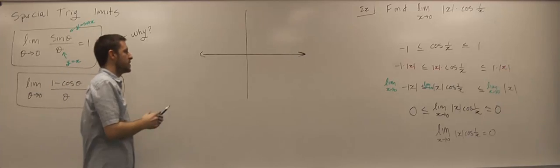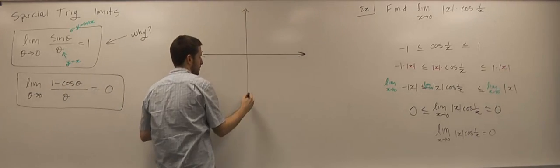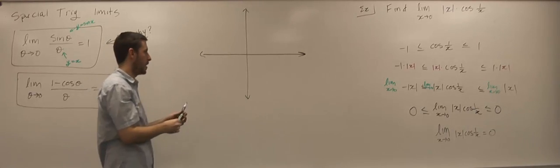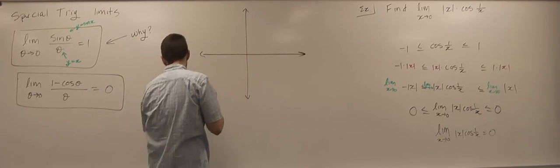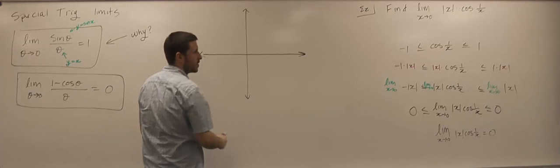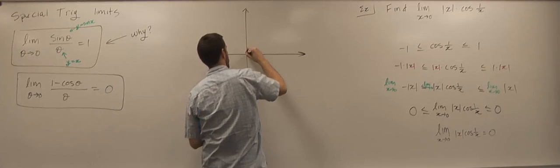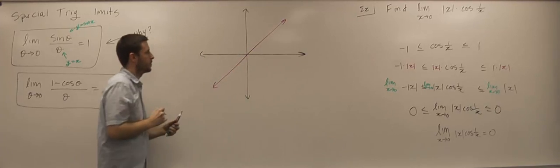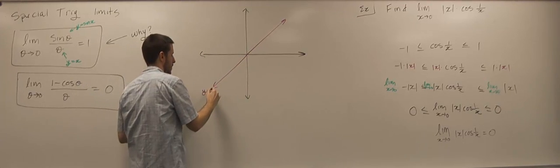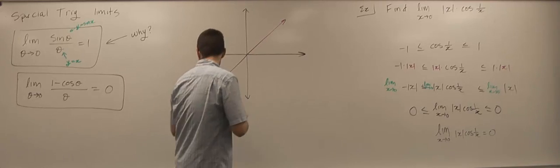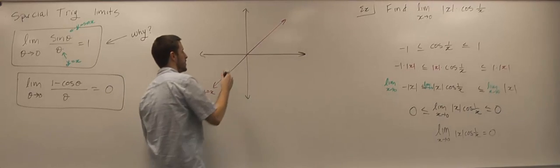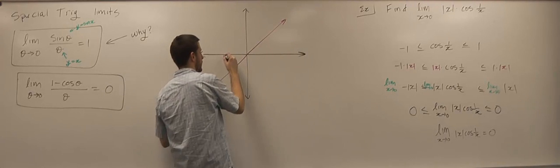If you graph y equals x, what does it look like? Diagonal line, right? 45-degree angle. Slope 1. So on my graph there, the red guy is y equals x, or just theta. If you graph sine x, he's the blue graph.